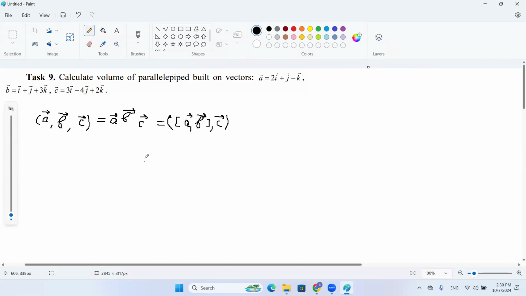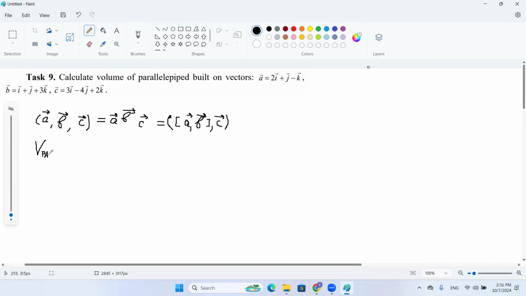Daniel, triangular pyramid. But will it be the same? I guess not. We need to multiply by 1/6.